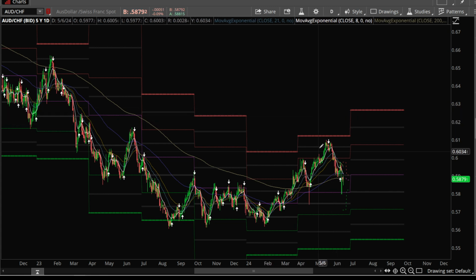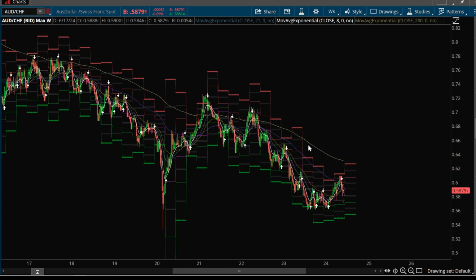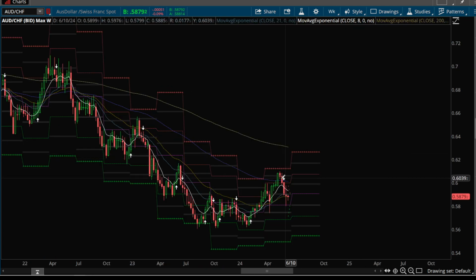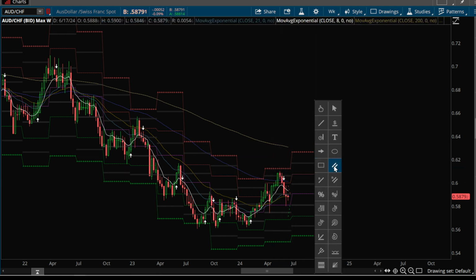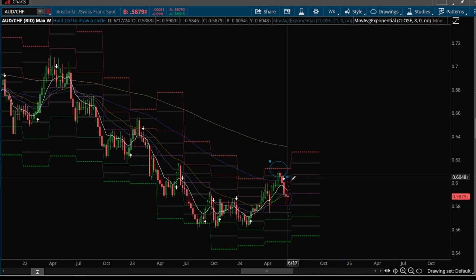Because if we step out here to the weekly chart, we are bearish, and you're coming off your quarterly R2, but a lot of times you'll make at least a double top up here on the weekly chart. A lot of times before you drop, it'll come up and make that double top at least.